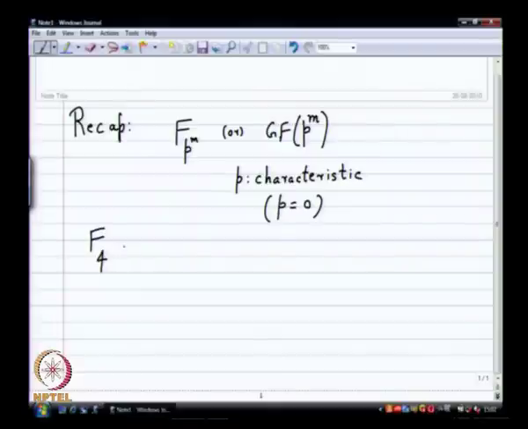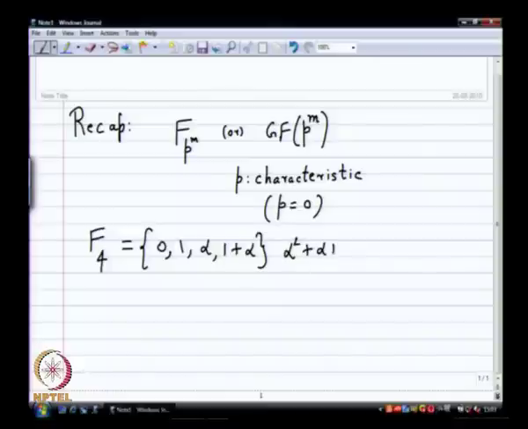Then this F4 worked out to have this form: 0, 1, alpha, 1 plus alpha. What else do I need to describe this field completely? I need the primitive polynomial. So I will have to say alpha squared plus alpha plus 1 equals 0.